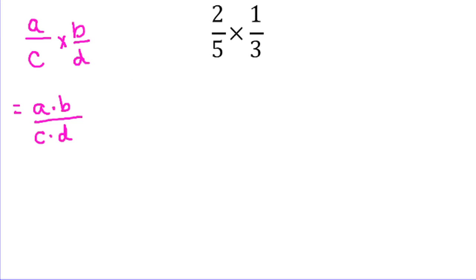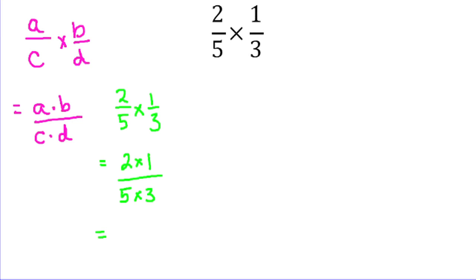So let's do that here. Since we have 2 over 5 times 1 over 3, when I combine my numerators, I'm going to have 2 times 1, and my denominator will now be 5 times 3.